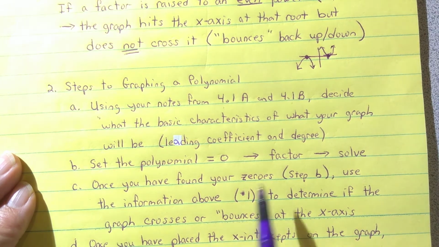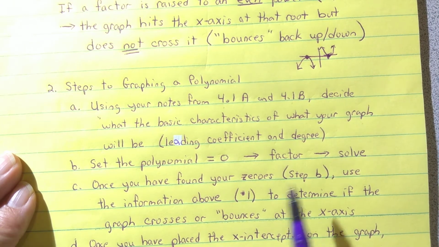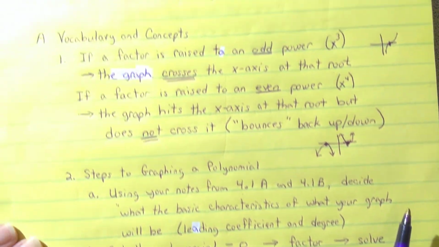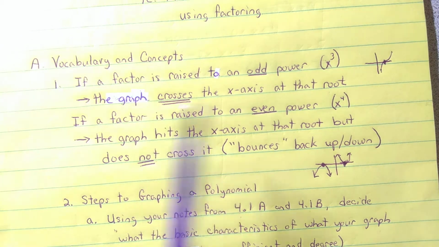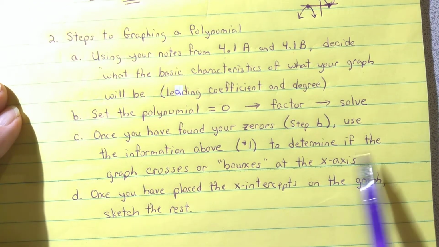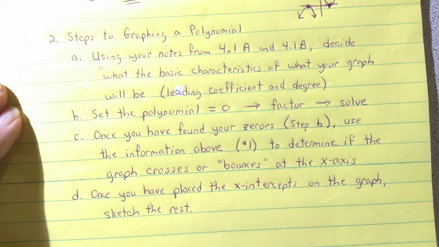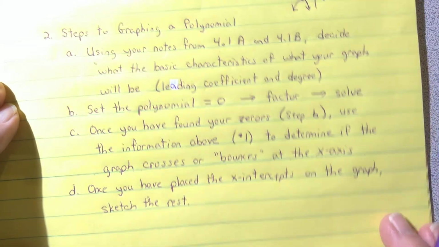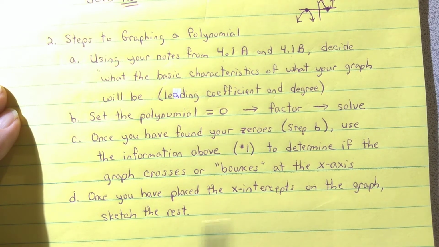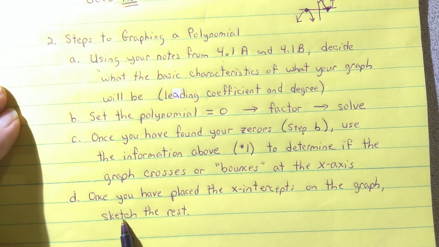Once you have found your zeros in step B, use the information above, that's in number 1, all the way up here, to determine if the graph crosses or bounces at the x-axis. Once you have placed the x-intercepts on the graph, sketch the rest. Sketching because you're not actually finding other points, which makes it shorter and easier for you.